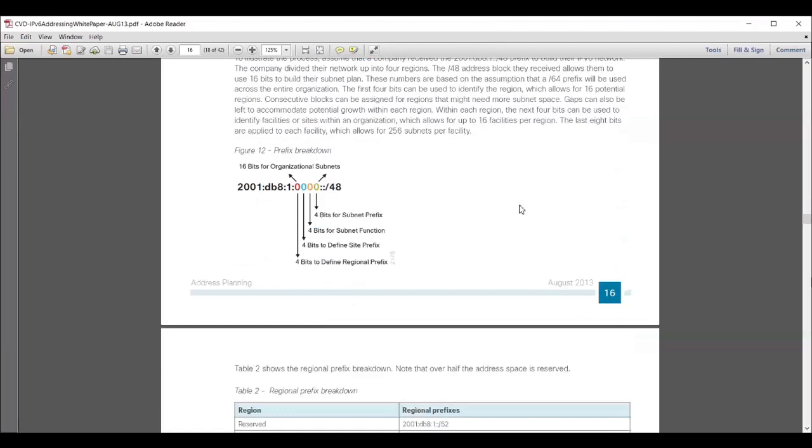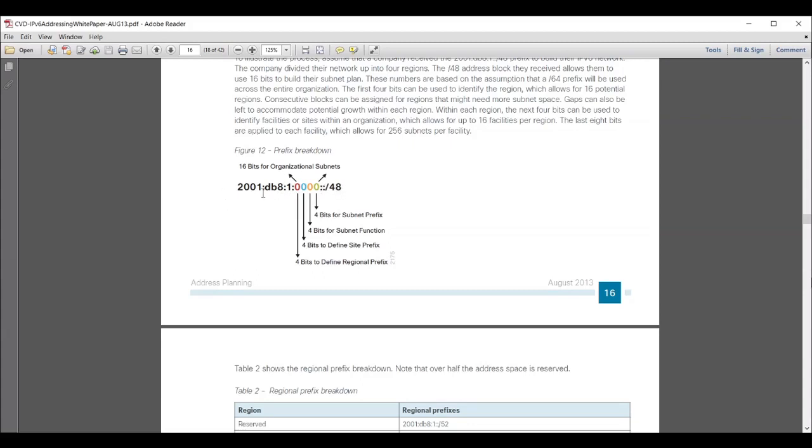This is one of the prefix breakdowns. Sorry, and 16 bits for organizational subnets. Now see, this is the IP version 6 address, and it is abbreviated, and it is 48 bits.